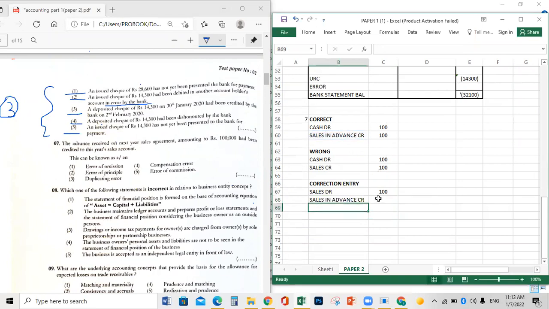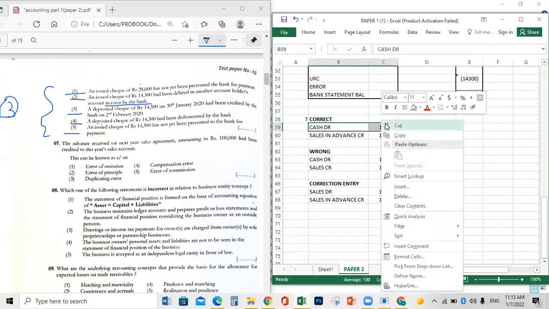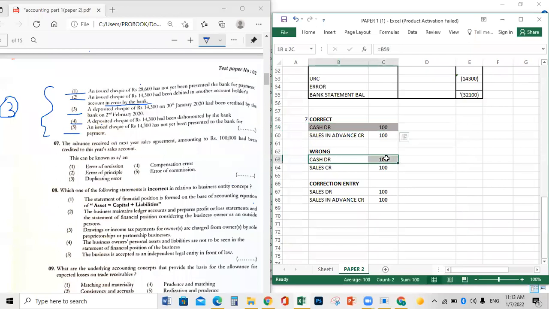Sales in advance should be credit. First of all, you should compare and see if there is anything correct. Your cash has no problem. You can cut cash off because cash is correct. The problem is sales is credited, which is wrong. So to cancel it, you will debit your sales. And then you should record the correct one. The correct one is sales in advance credit.